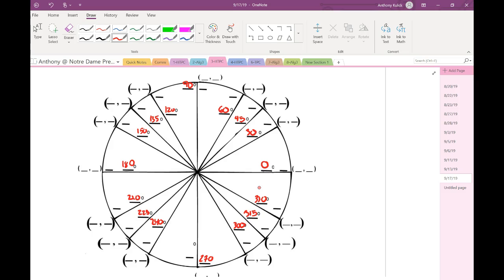What we'll do next is go through now and convert each of these angle measures into radian measures so that we have that labeled on here as well.